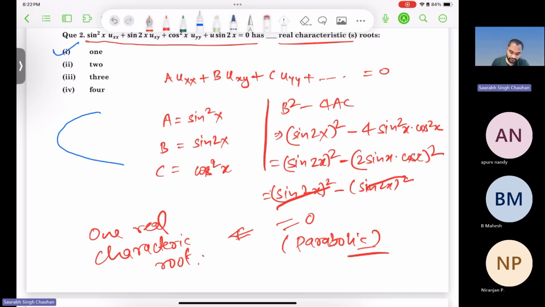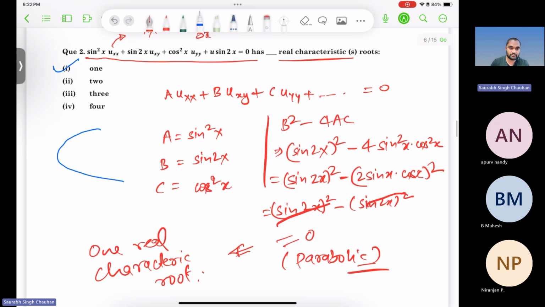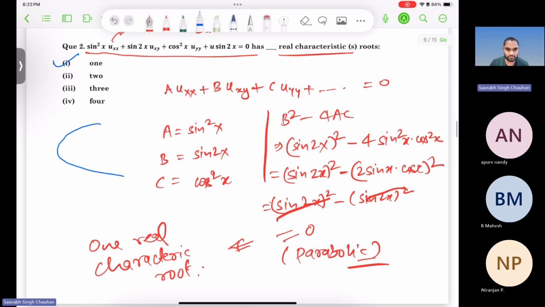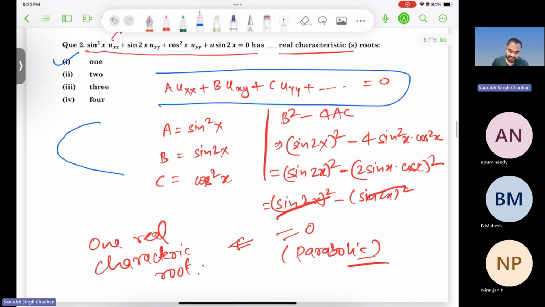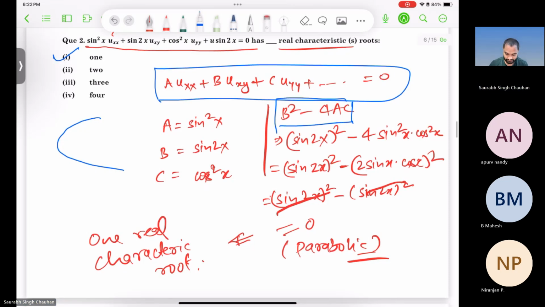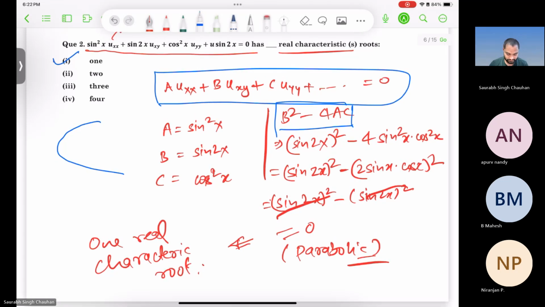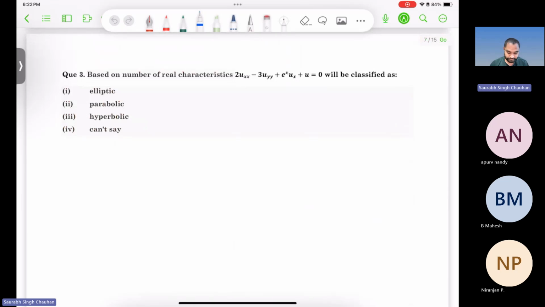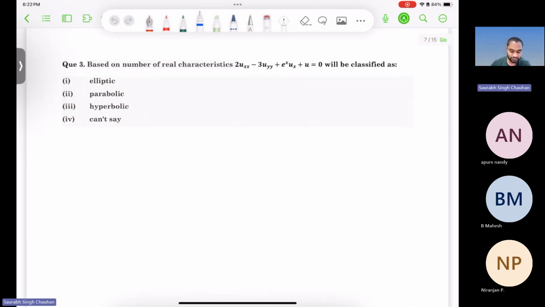The thing is how many families there are. Anyway, I hope you got the idea of how to find the number of characteristic roots: just compare with this equation and find b square minus 4ac. I think that is clear, and we can now move to question number 3.